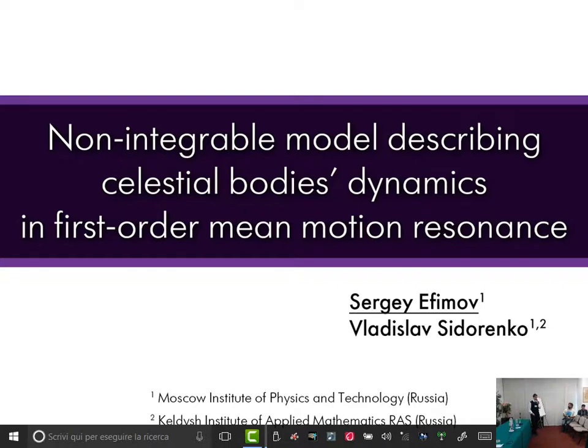Good afternoon. Hello. First, I would like to thank the organizing committee for this opportunity to speak at this conference. And today I will present my work that I've done with my supervisor, Vladislav Sidorenko, on an analytical model of first order mean motion resonance with chaos.